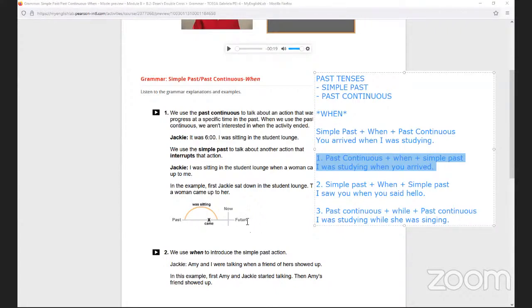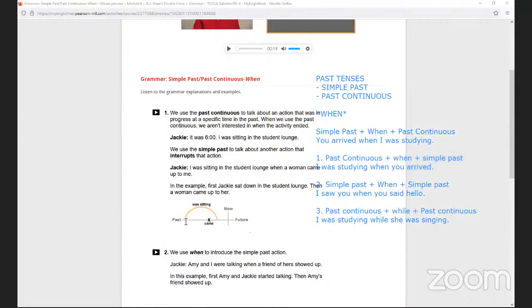So why this first? Because as you can see here in the line of time, the first action is going to start the action that is in progressive, right? For example, here, was sitting. In the example, I was sitting in the student lounge.